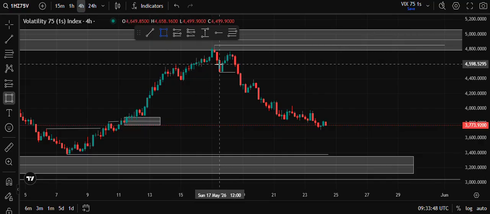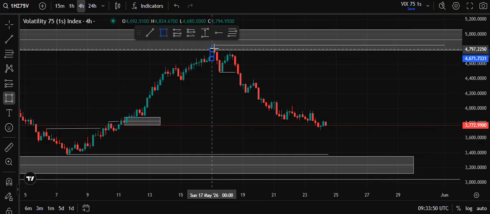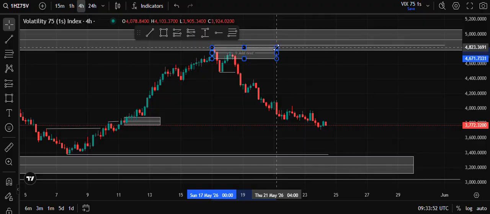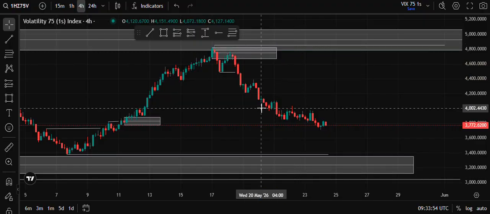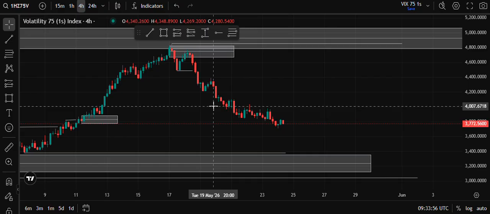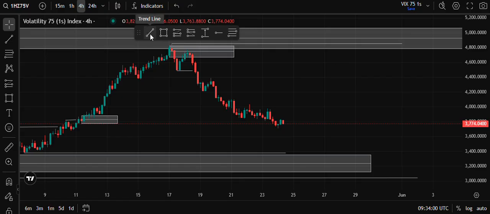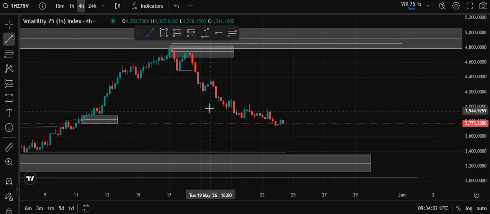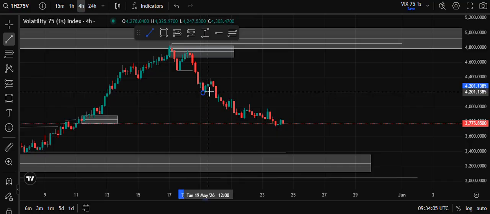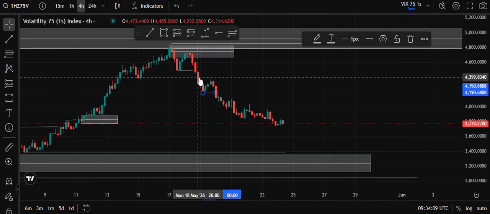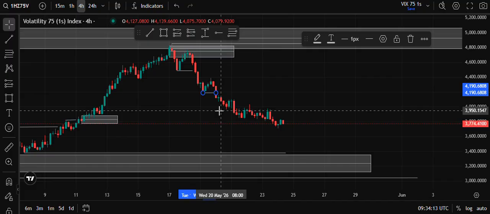It got mitigated, and then we have an OB. Yeah, this is a fair value gap. So I'll get to the 1 hour time frame; there's a possibility of us seeing something of value.